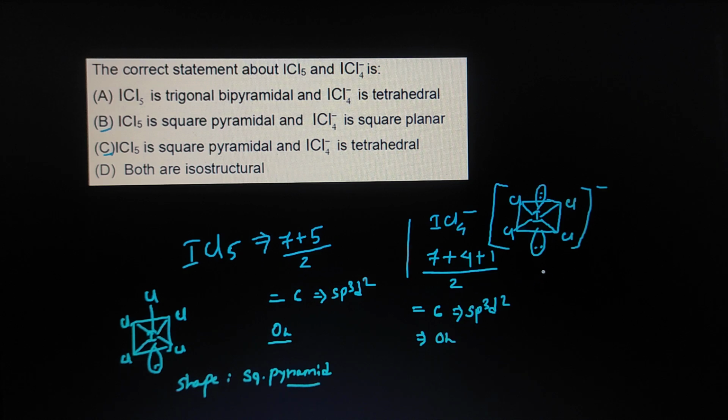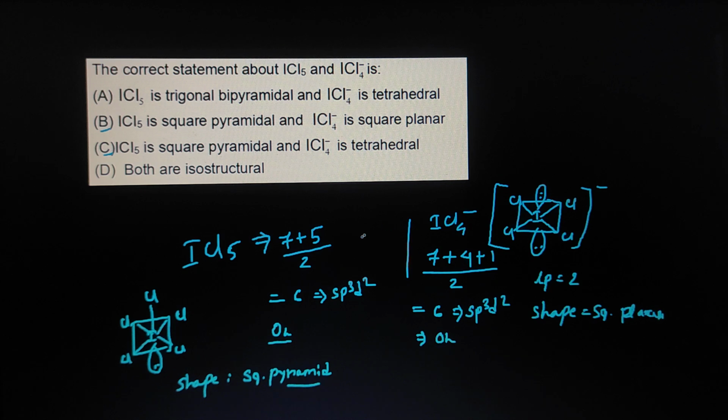So it has 2 lone pairs present in ICl4 minus, but the shape of this molecule is square planar. Square planar geometry.